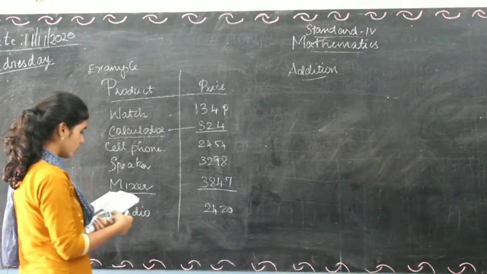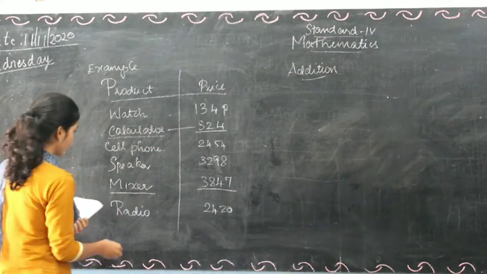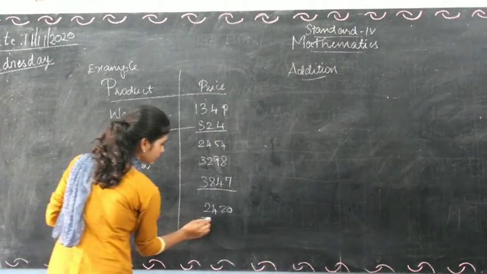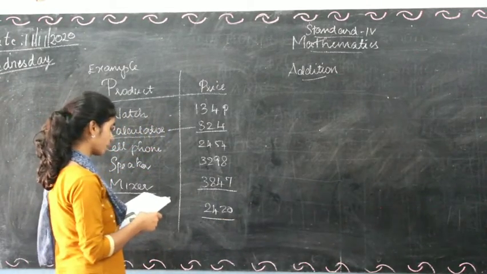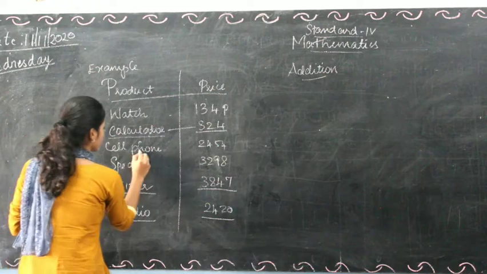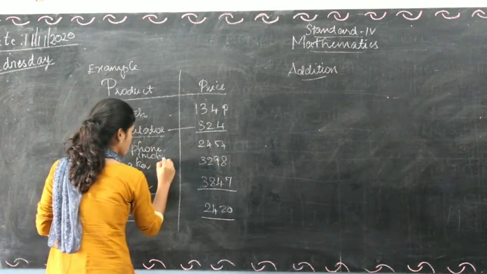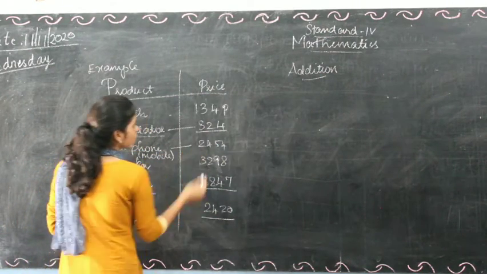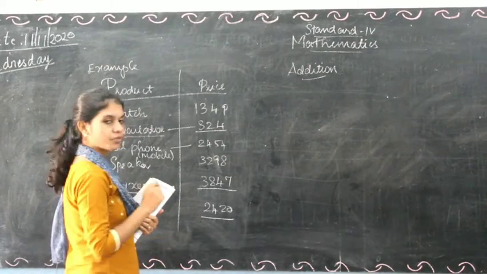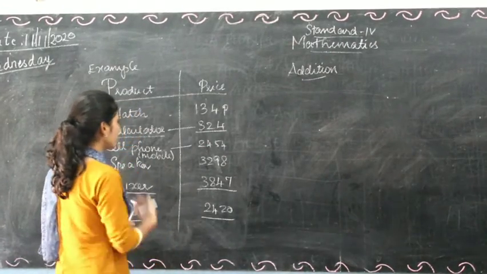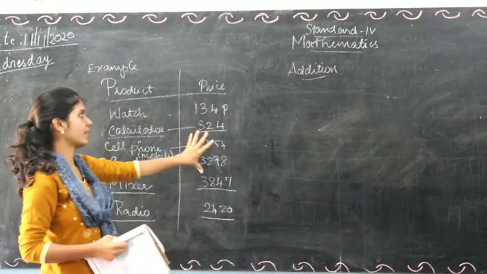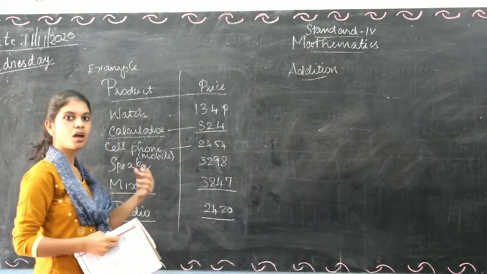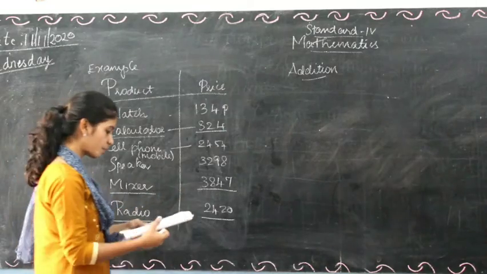And cost of the radio is 2420. And cost of a mobile set, which is cell phone, is 2454 rupees. So these are very simple. They have given us the product and then their price and asked us about the price of the products.